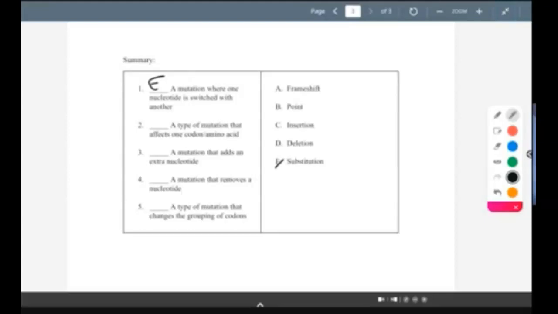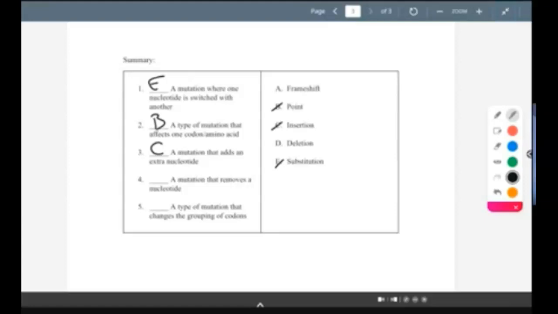So substitution, right? You substitute one for the other. Switch them out. Number two, a type of mutation that affects one codon and one amino acid. Sam. B, point. Great job, Sam. A point mutation affects the sentence at just one word, right? So it's a point mutation, just one point. A mutation that adds an extra nucleotide. Brandon, what'd you put? Insertion. You're right. You insert an extra nucleotide that's not supposed to be there.